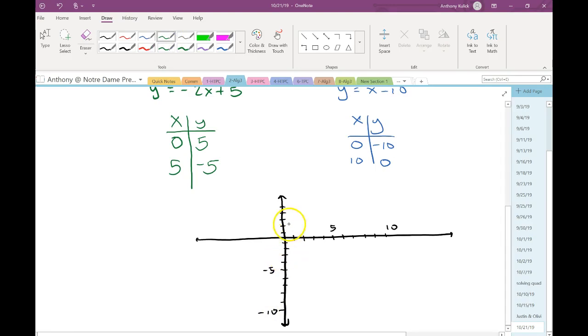So I have 0, 5, and then 5, -5. So that first line's going to look like that. And I have 0, -10, and then 10, 0. One's going to look like that.